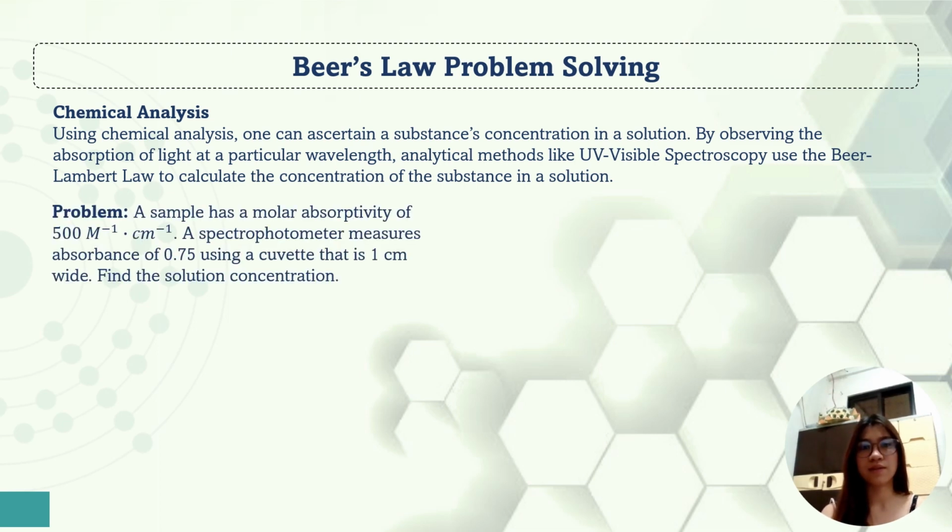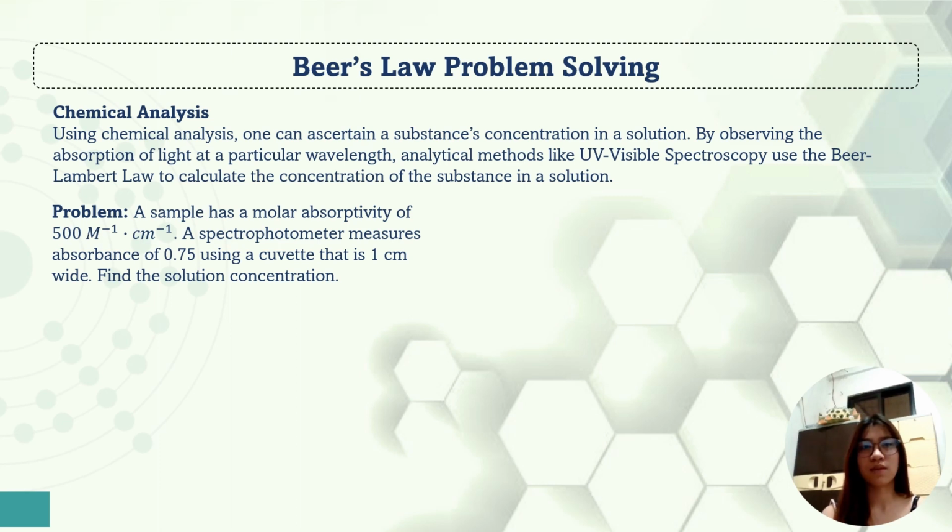Let's try to answer this problem. A sample has a molar absorptivity of 500 molar reciprocal centimeter reciprocal, and a spectrophotometer measures absorbance of 0.75 using a cuvette that is 1 centimeter wide. Then find the solution concentration.